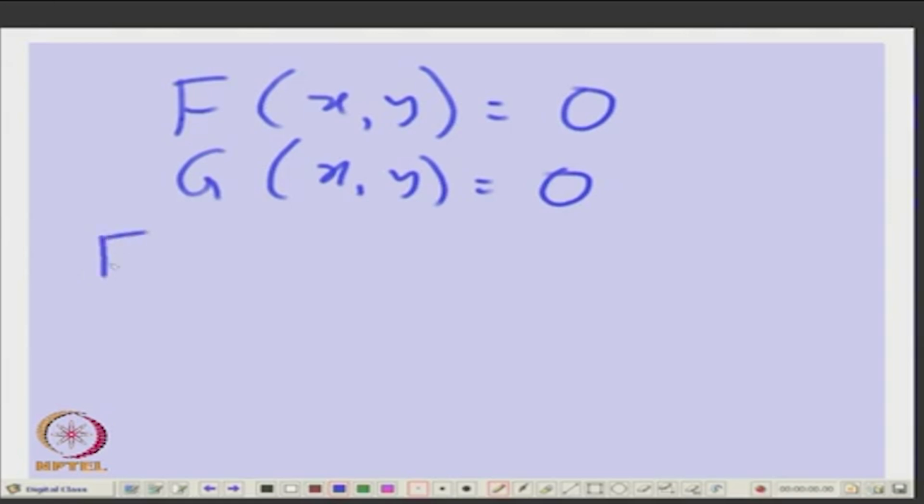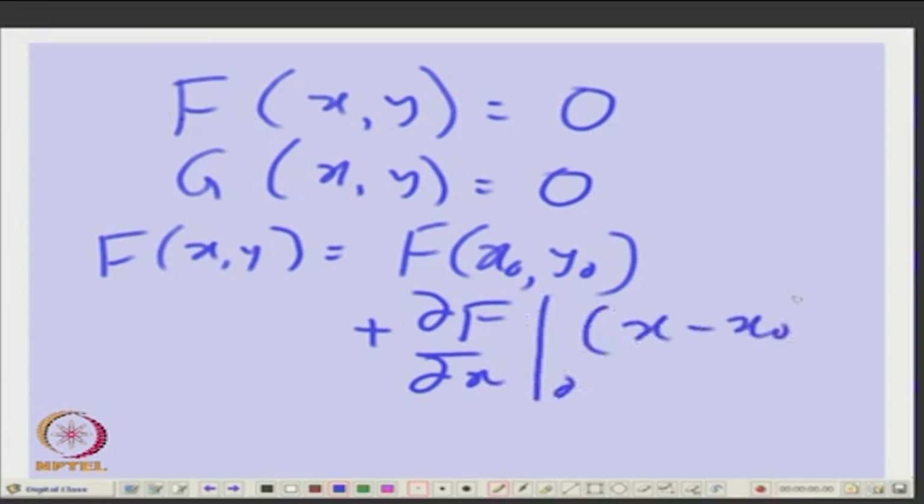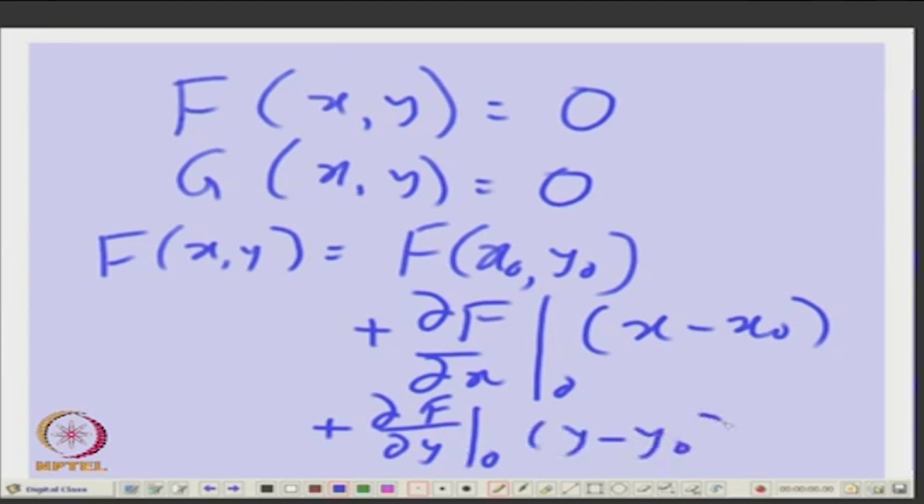So, any point f of x y will be, from an approximate initial value x naught y naught, plus delta f by delta x at that point into x minus x naught, right, plus delta f by delta y at that point into y minus y naught, is it not. So, this is the Taylor series expansion.